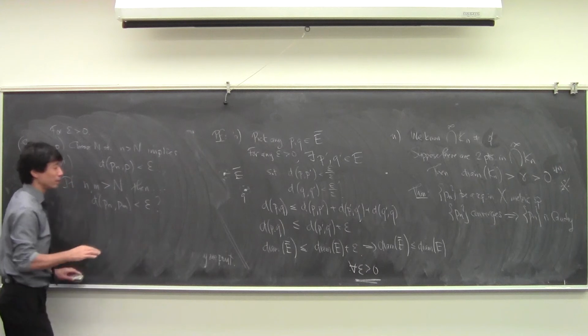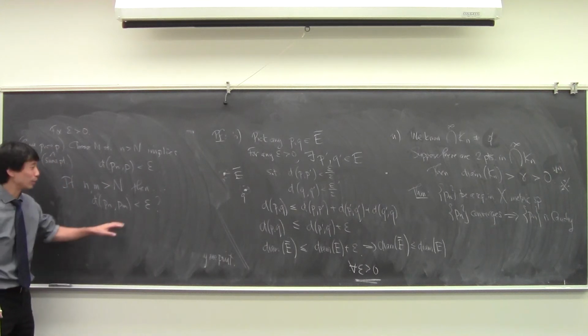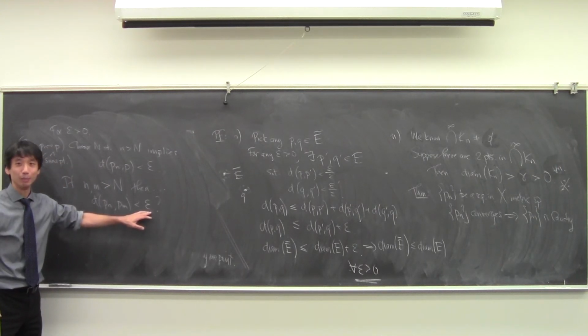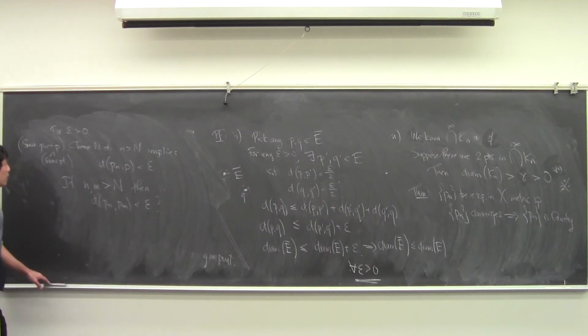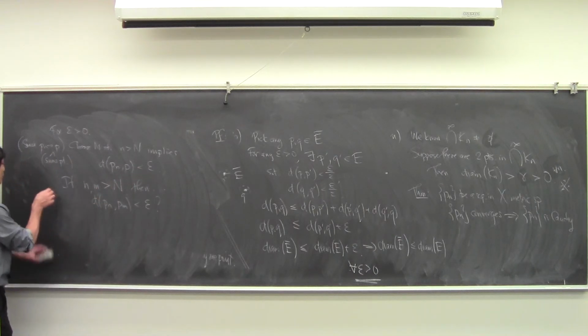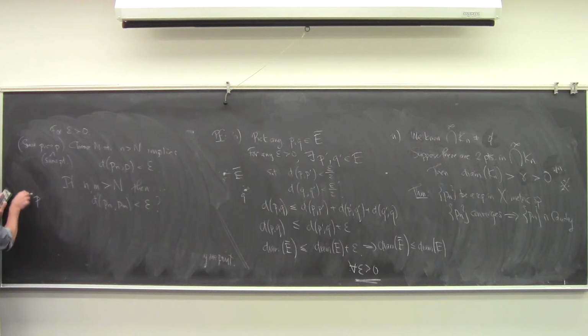That's sort of morally true, but it's not exactly true. For any given epsilon, choose the N that satisfies the distance to P is smaller than epsilon over 2. Okay, so the trouble with what you said, Jonah, is that here's P, and here's the epsilon neighborhood.